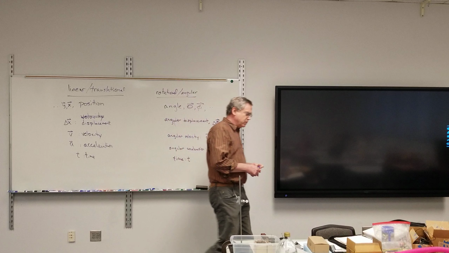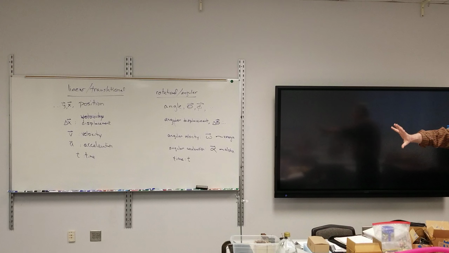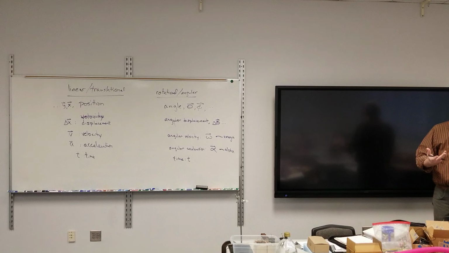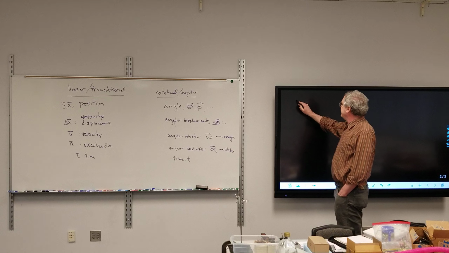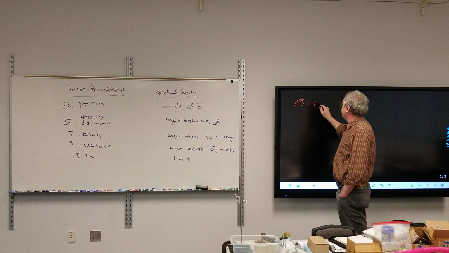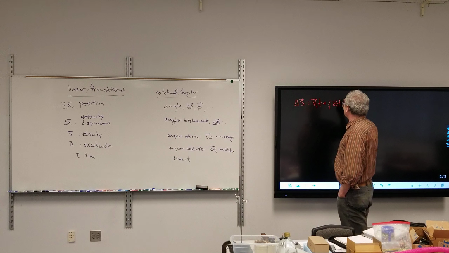All right, so first off, in terms of equations, we haven't completed our list over there, but at least we can get as far as doubling all the equations from chapters 2 and 3. So I know that delta s is equal to v_i t plus 1/2 a t squared.